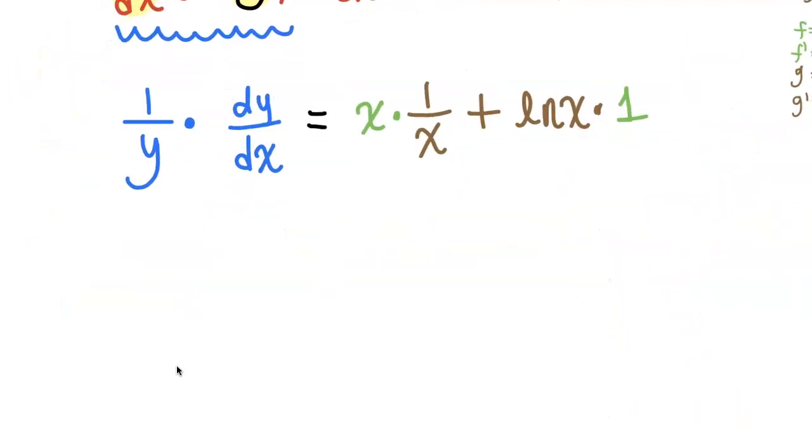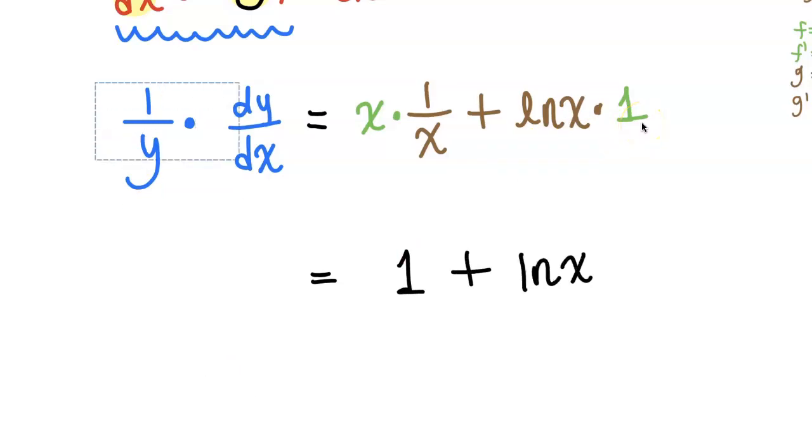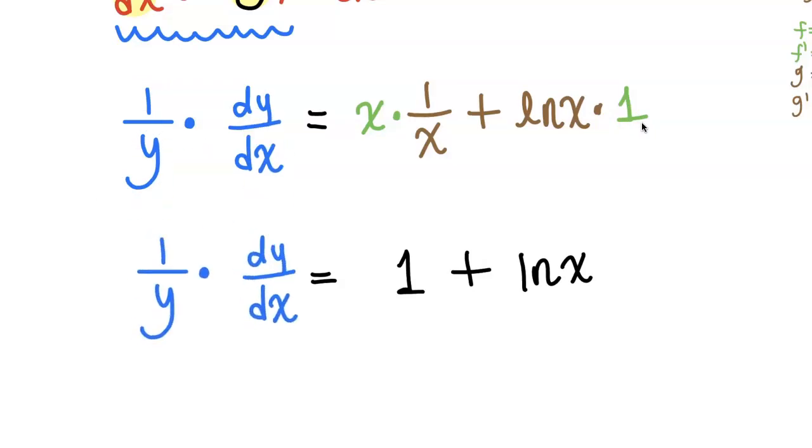All right, now the goal is to solve for dy dx. But before I do that, I think the right side can be simplified a little bit, right? Look, x times 1 over x, that's just going to give us 1. Natural log of x times 1 is just natural log of x. Now the left side, you notice, is dy dx times 1 over y.